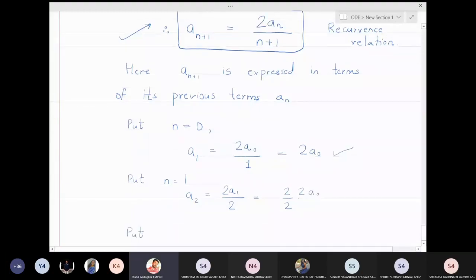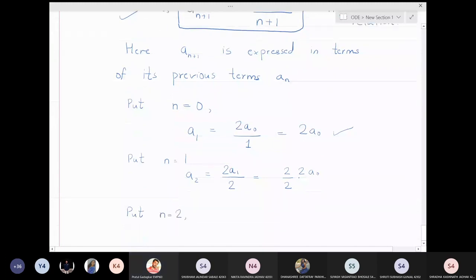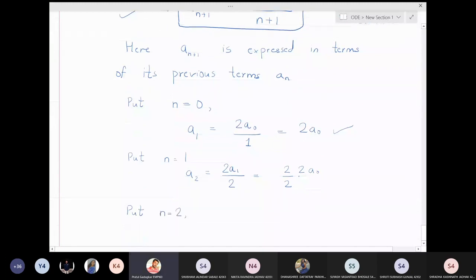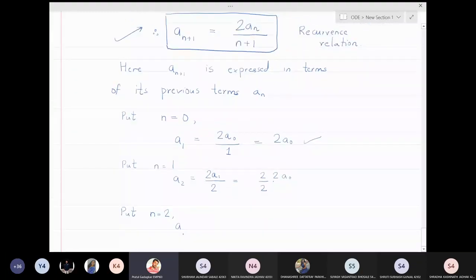Remember in these calculations, do not cancel immediately, otherwise you will land into problems. Put n equal to 2, we get a_3 is equal to 2a_2 upon 3, which is 2 upon 3 a_2. What is a_2? a_2 is 2 upon 2 into 2a_0.